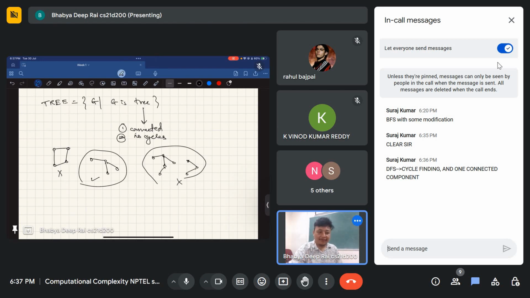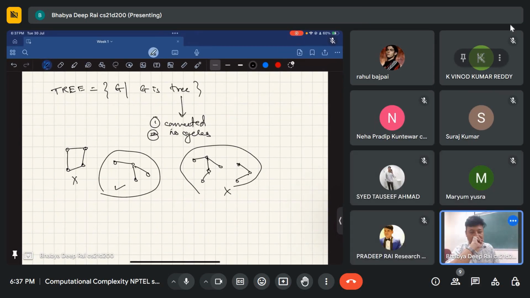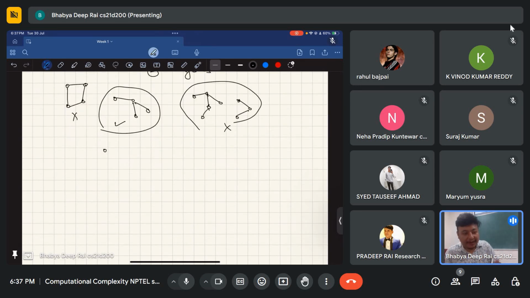So what you mean is, given a polynomial amount of space, I think it's possible. So Suraj's idea is as follows. You have a graph, and I want to check whether it has any cycles or not.